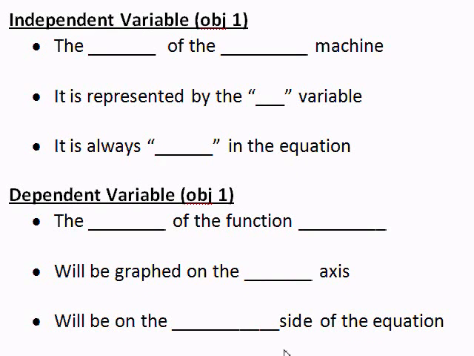So we're going to take a look at what the independent and dependent variables are and how they deal with this thing called a function. The independent variable is the input of the function machine. So the thing you're sticking into the machine is the input. It is always represented by the x variable and is always on the right hand side of the equation or last in the equation.